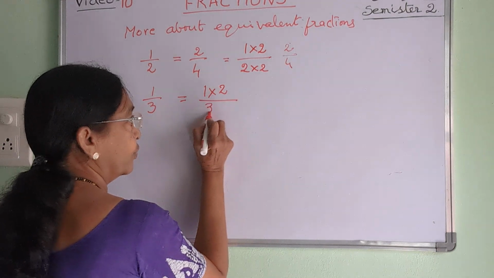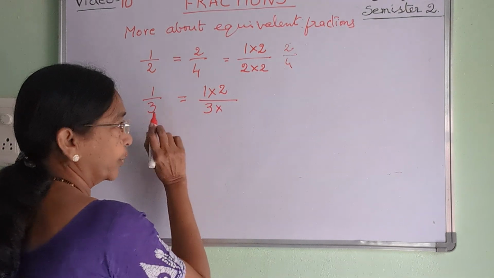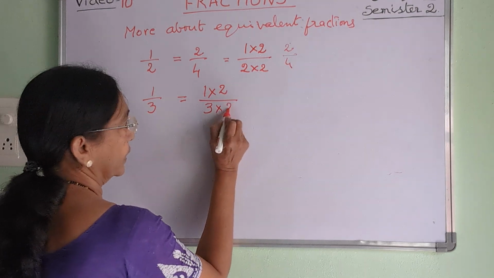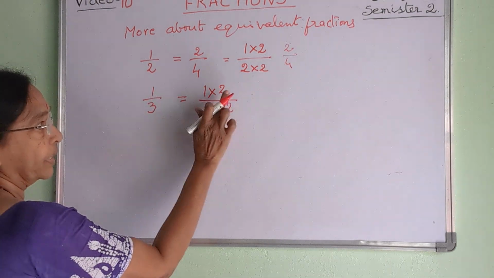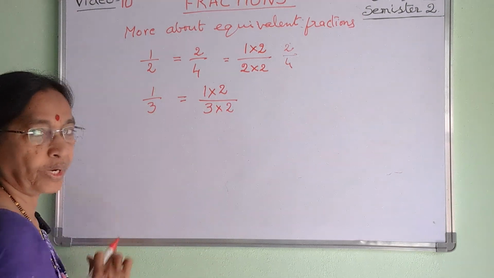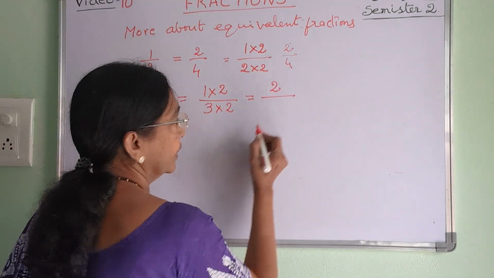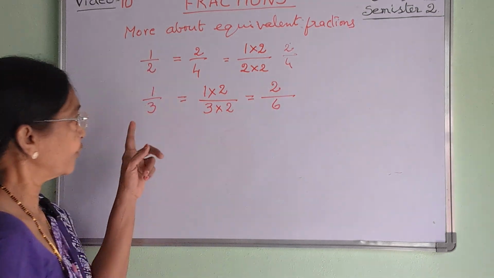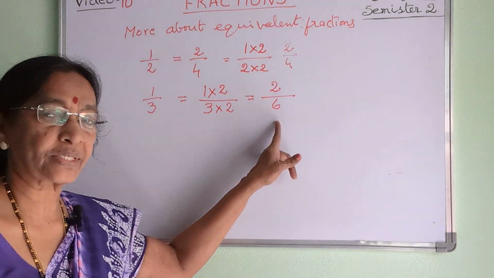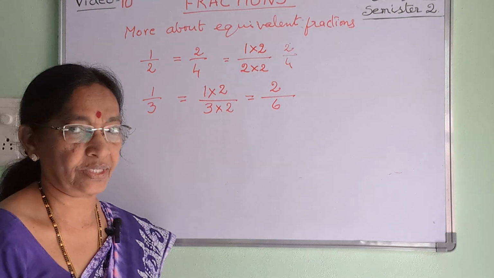But we have to multiply both the numerator and the denominator. So 1 is multiplied by 2 and 3 is also multiplied by 2. We get 1 into 2 is 2, 3 into 2 is 6. Therefore 1 by 3 and 2 by 6 are equivalent fractions.